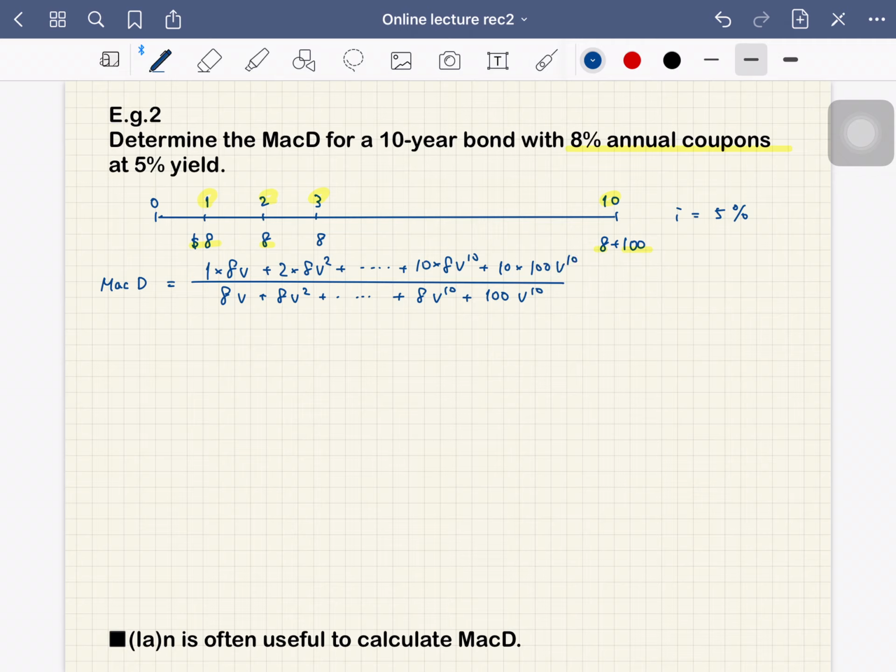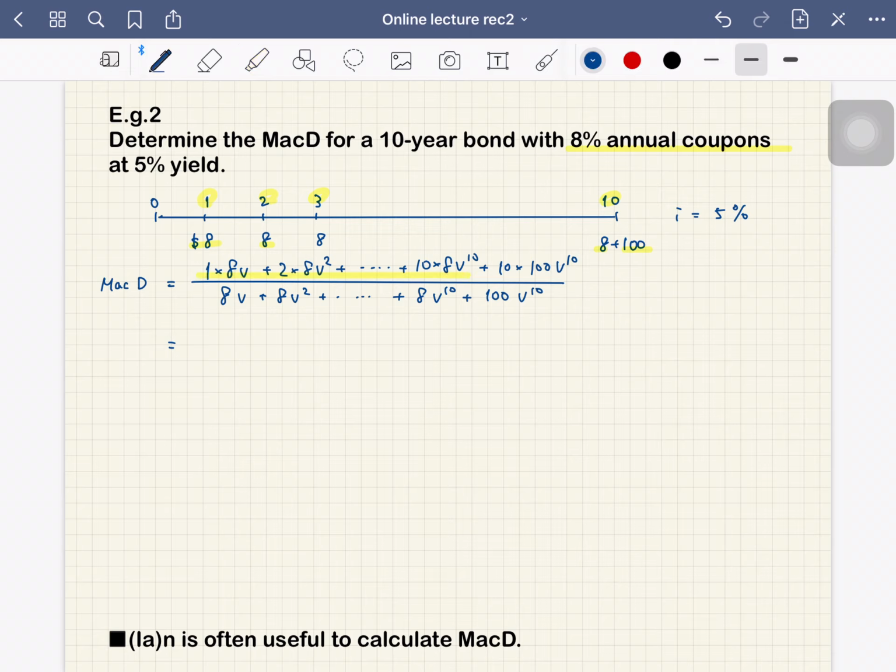After that, this is just algebra. So we want to calculate this. But you can see that, okay, just focus on this cash flow. This is actually the present value of an increasing annuity. So we start with 8, then 2 times 8, 3 times 8, up to 10 times 8.